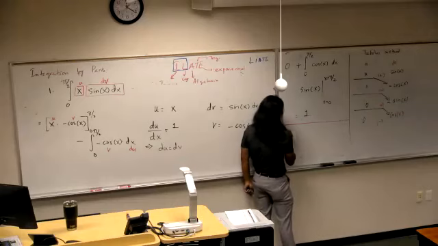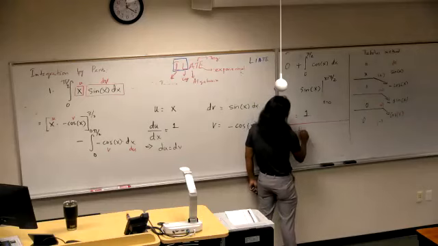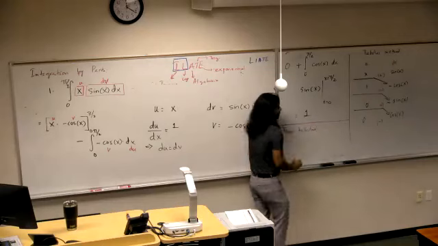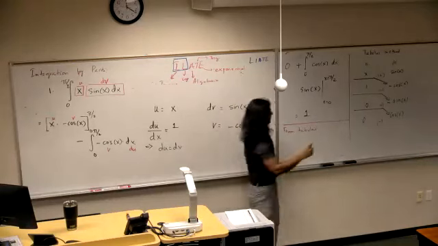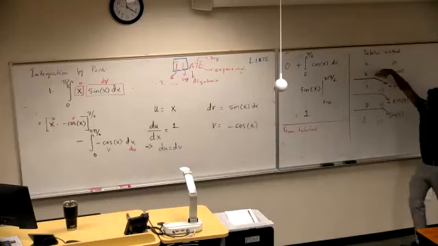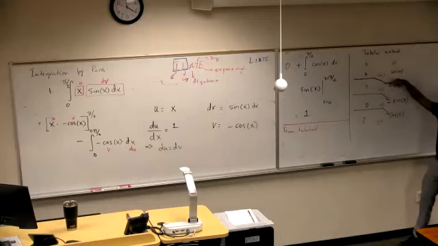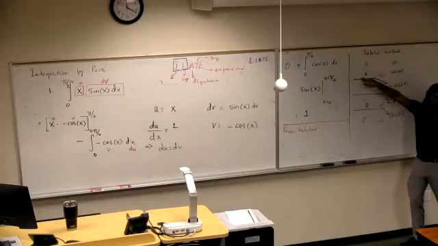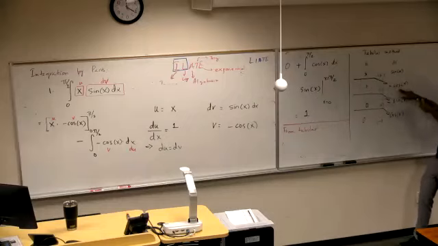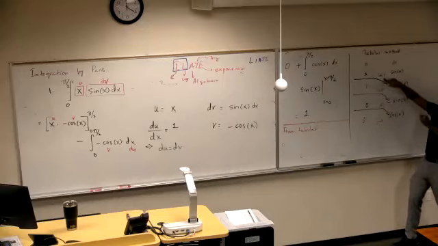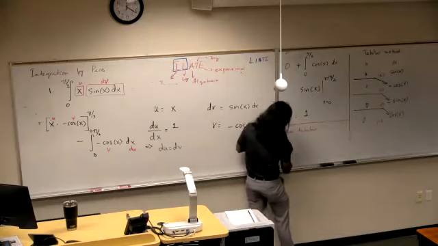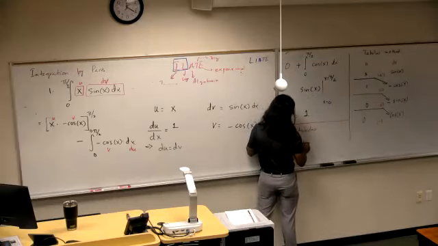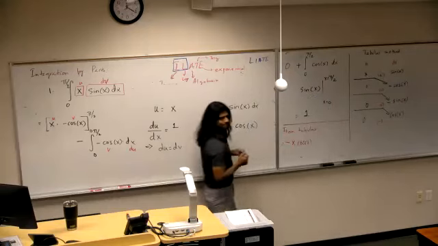From the tabular method, all we are going to do, the running part, sliding part, jumping diagonally part: x, plus sign, think of +1, x times positive sign times negative cosine x. So the first term is negative x cosine x. Good.